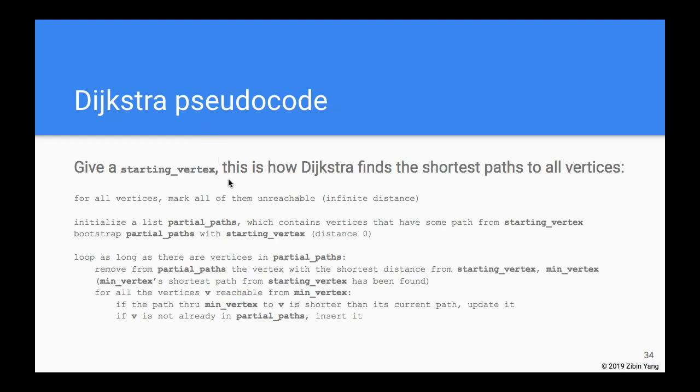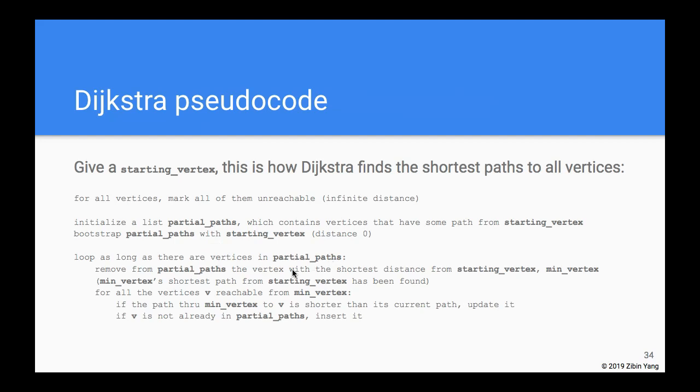Now, I'm not going to read through it. You should pause the video and read it line by line. What I want to point out is you can really see the shadows of a breadth first search in this algorithm. There is a list, which I call partial paths, that basically keeps track of a bunch of vertices to visit. Then we loop as long as there are things in this list.